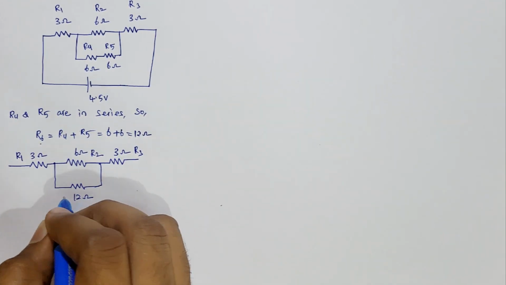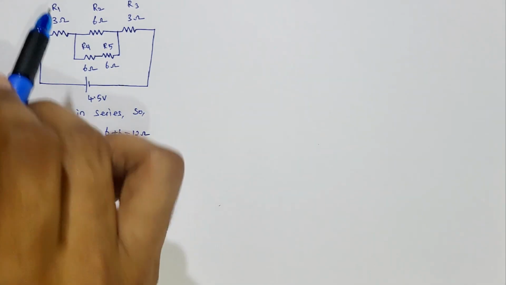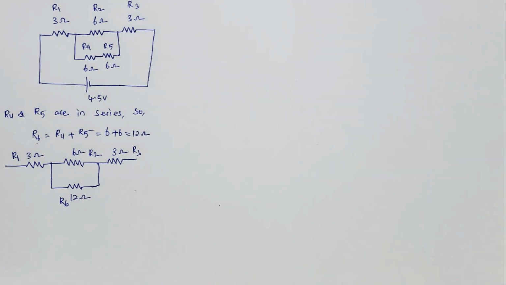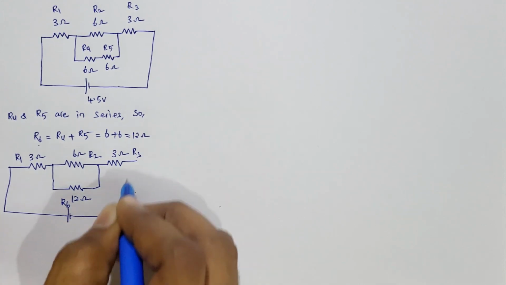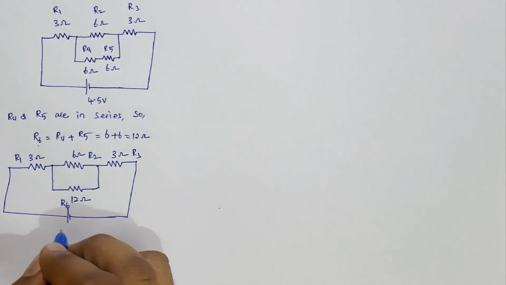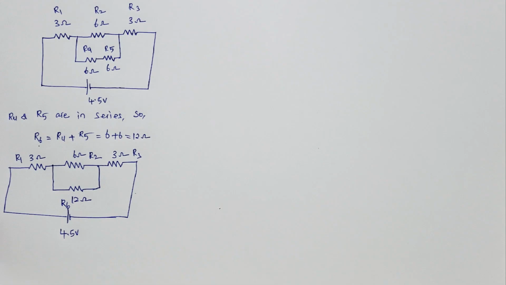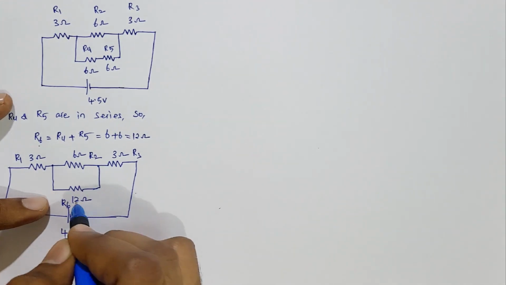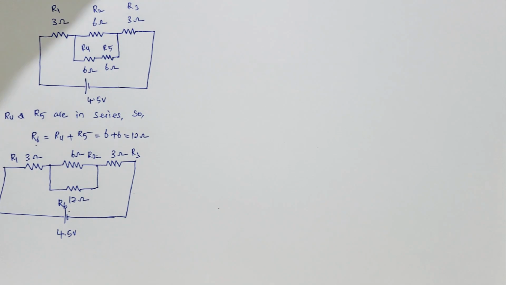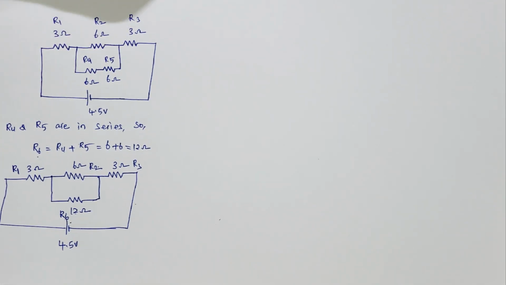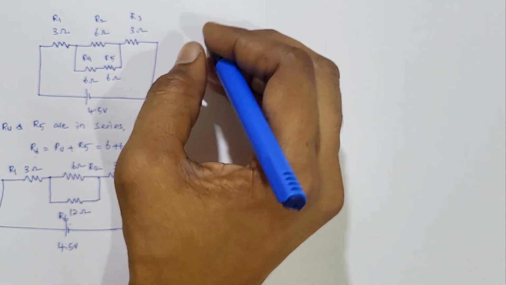The new resistance is now R6, because I had given resistance names 1 to 5, so the new one I took as R6. And the whole thing is connected to 4.5 volts. Now R6 and R2 are in parallel. Write the same thing now.